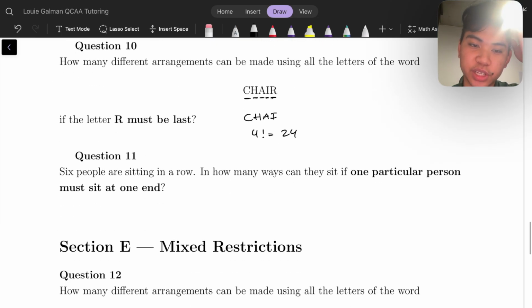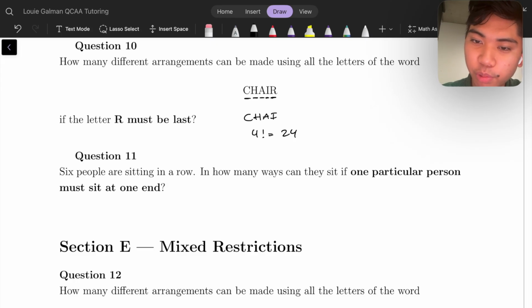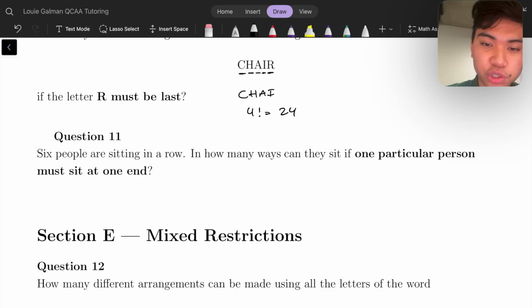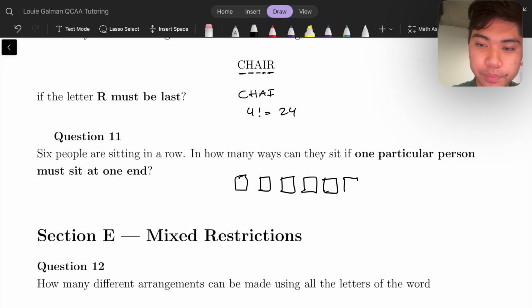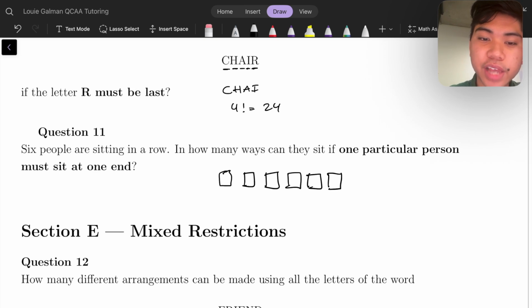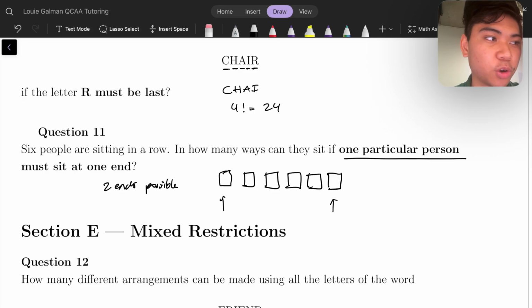6 people are sitting in a row. In how many different ways can they sit if one particular person must sit at one end? This is a bit different because, let's draw a row. So we have 6 boxes. Let's represent them as people. There's actually 2 ends, right? So this is one end, this is another end. So there's 2 ends possible for our one particular person in the question.